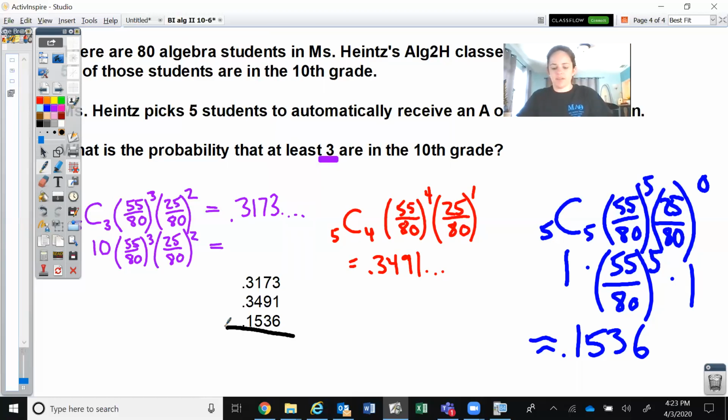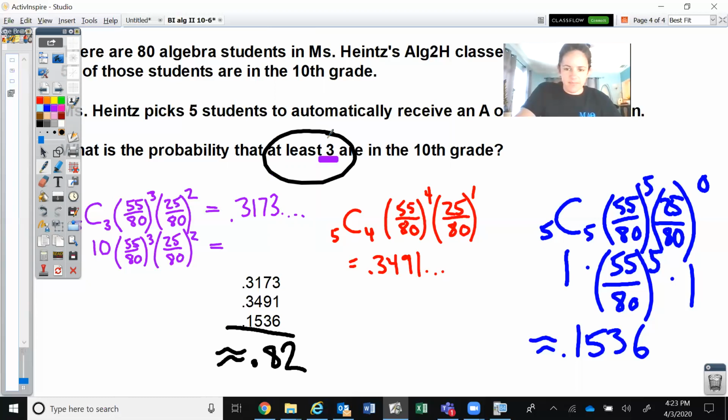We'll get that that's 0.82, approximately, because I had rounded those. So that's approximately 0.82 probability that at least 3 of them are 10th grade.